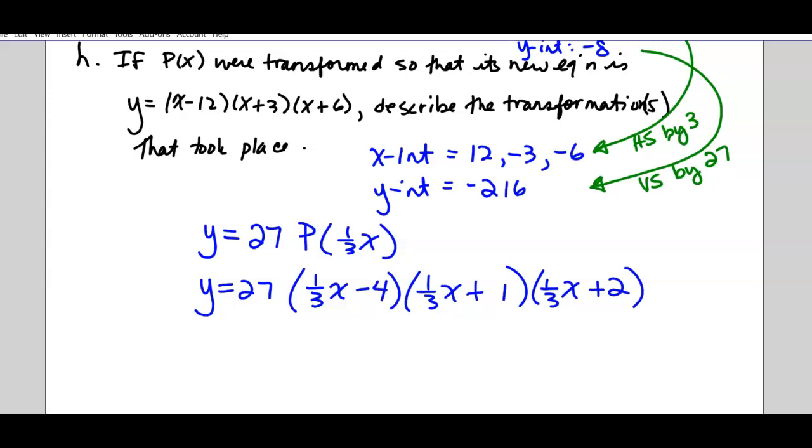Simplify that by factoring out the coefficients of x so that you have ones. We're trying to see if this is the same as this. So factor out 1/3 from each one. Simplify that factor with the 27. Make sure it goes away, make sure it's 1/27, and that your constant terms are the same.